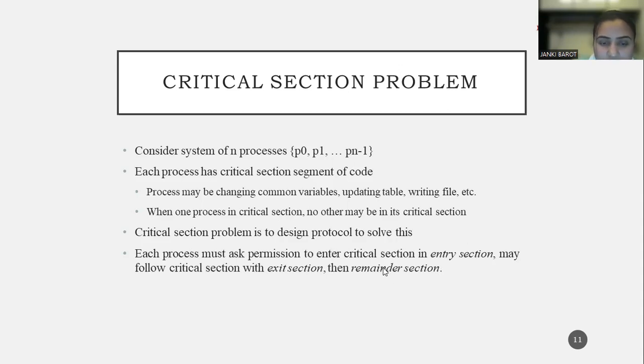Now you may be a little confused about what the entry section, exit section, and critical section actually are. The critical section is not a space where all processes go and execute; it is just common code which can be accessed by different processes, right?